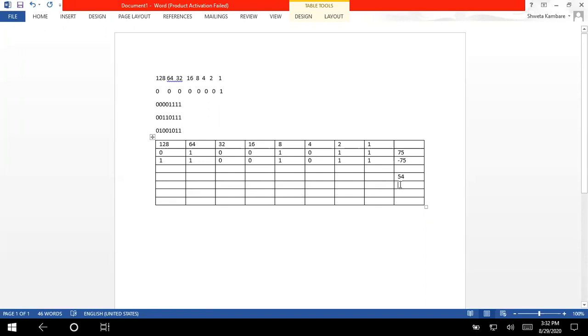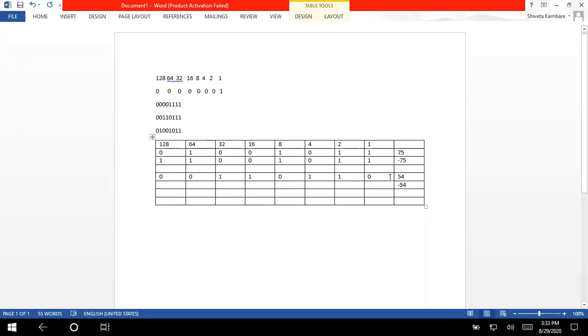Try representing 54 and minus 54. I hope this is right.